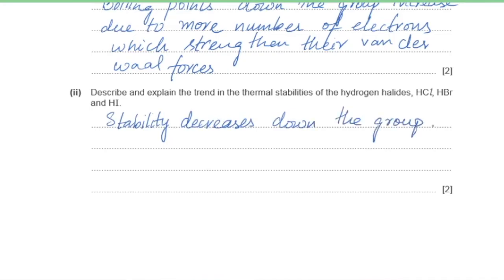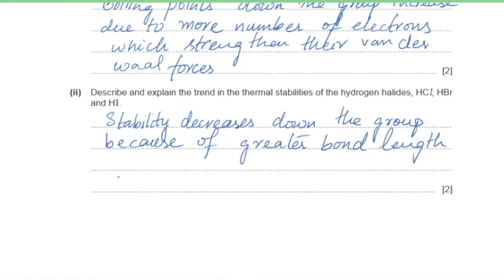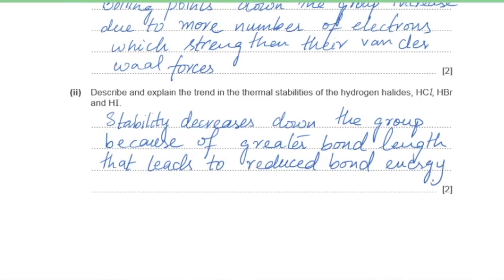And the reason for that is because of greater bond length that leads to reduced bond energy. So the more the distance between the nuclei of each ion, the greater the bond length is, and as a result, the bond energy, which is the energy required to break that bond, it reduces.